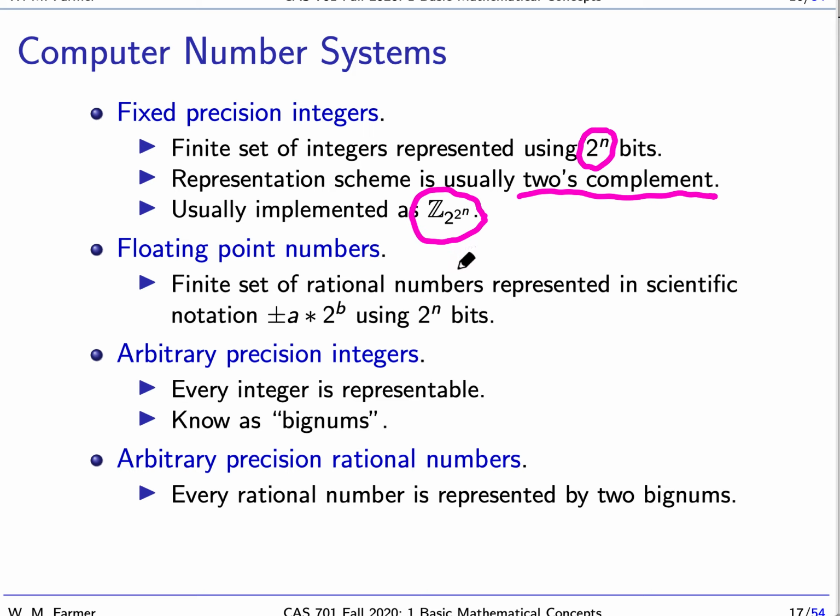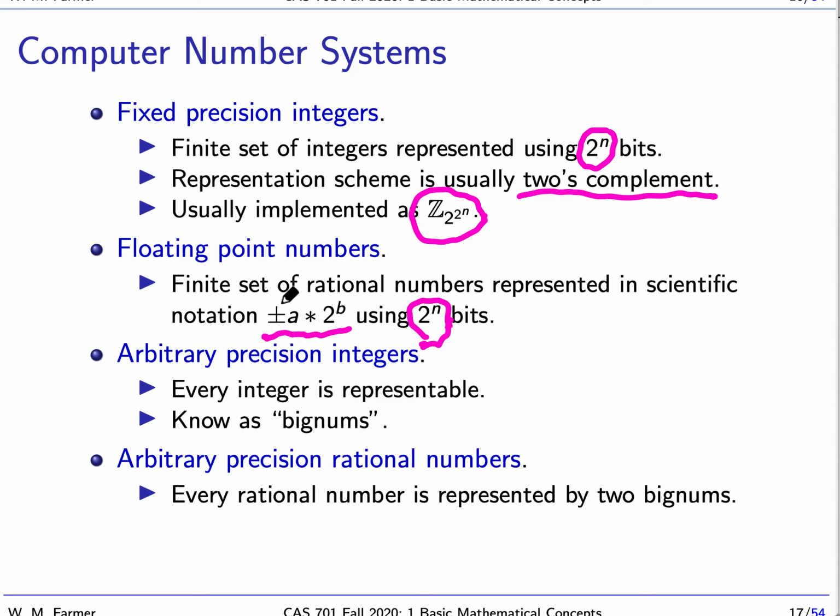Now, fixed precision integers are for representing integers. If we want to represent rational numbers, we can use floating point numbers. With floating point numbers, again, we have a fixed number of bits, which is a power of 2. But we represent these numbers using scientific notation in base 2, something like this.